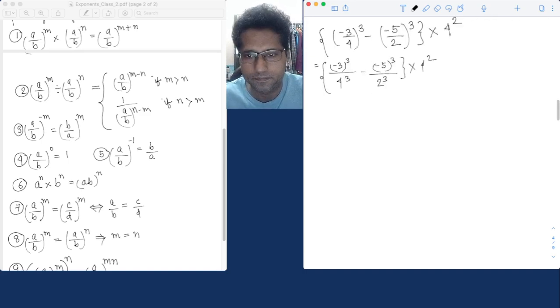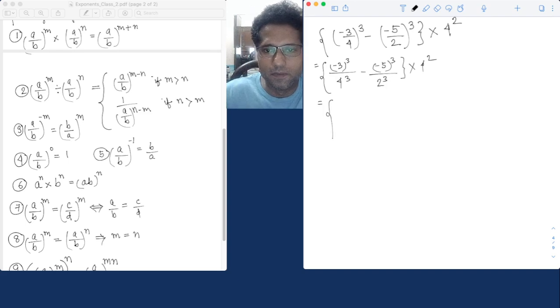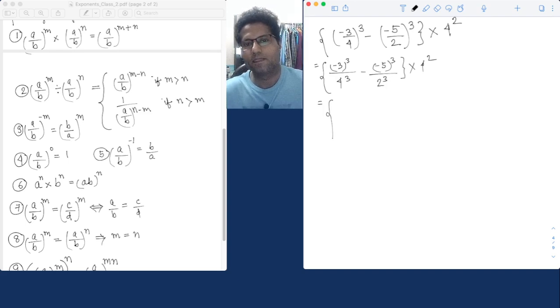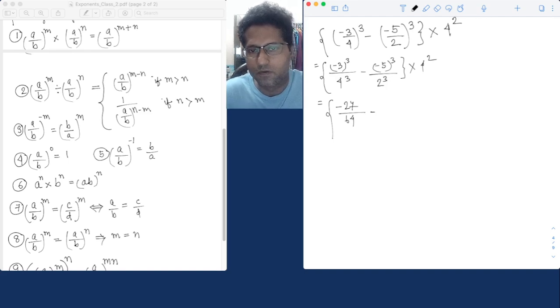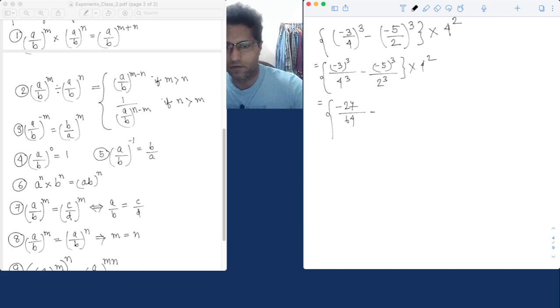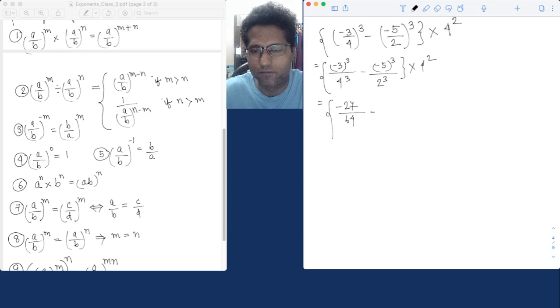So minus 3 to the power 3 is minus 27. 4 raised to the power 3 is 64. Minus 5 raised to the power 3 will be, since power 3 is odd and the base minus 5 is negative, minus 125, divided by 8, multiplied by 4 square.